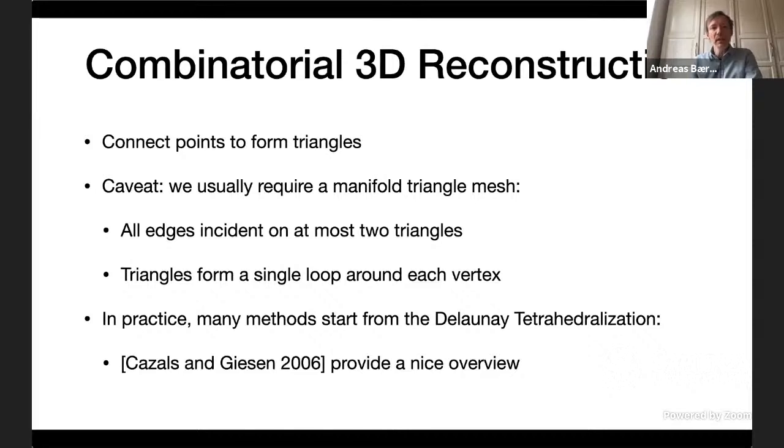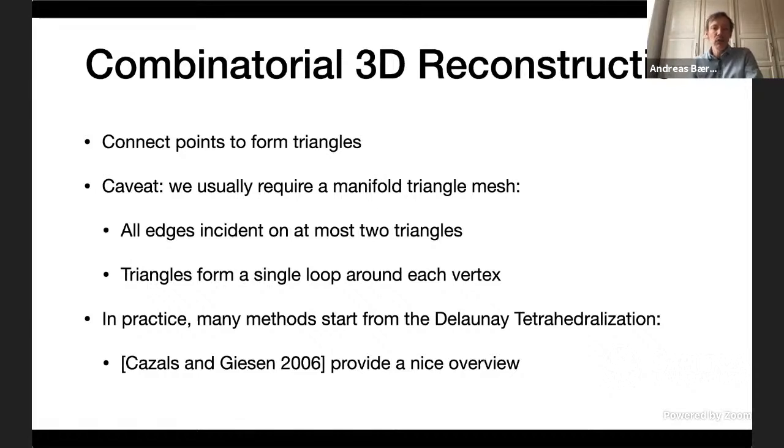So basically, in combinatorial 3D reconstruction, what we're trying to do is to connect points to form triangles. But the caveat is that we tend to require a manifold triangle mesh, which basically means that all of the edges must be incident on at most 2 triangles.